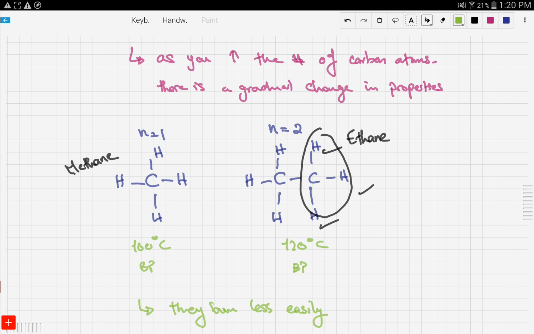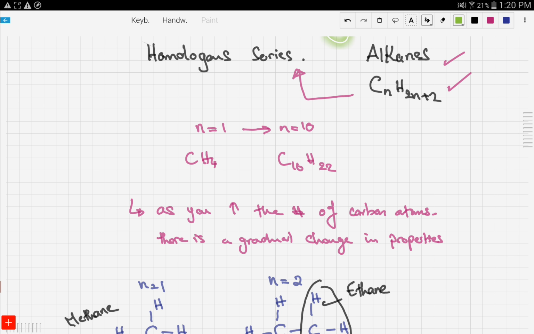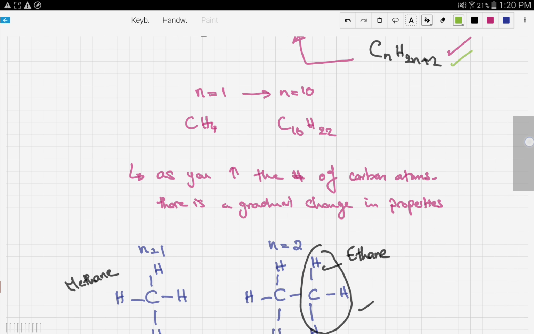So that's it for homologous series, and let's go over this one more time. Homologous series are a group of organic compounds that have the same general formula, like alkanes, and have the same chemical properties but different physical properties.